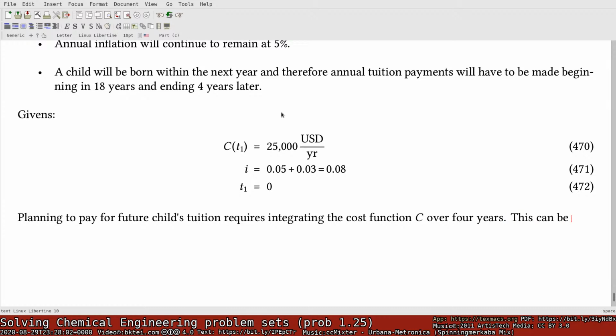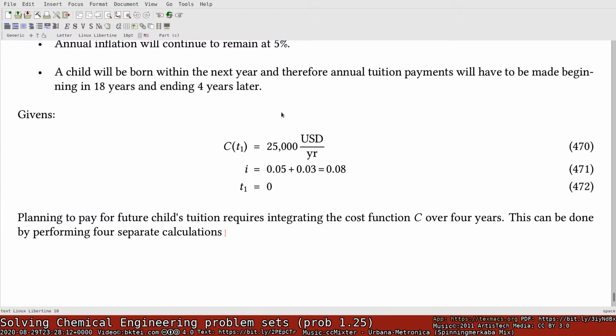This can be done by performing 4 separate calculations where t equals 1, 2, 3, 4.